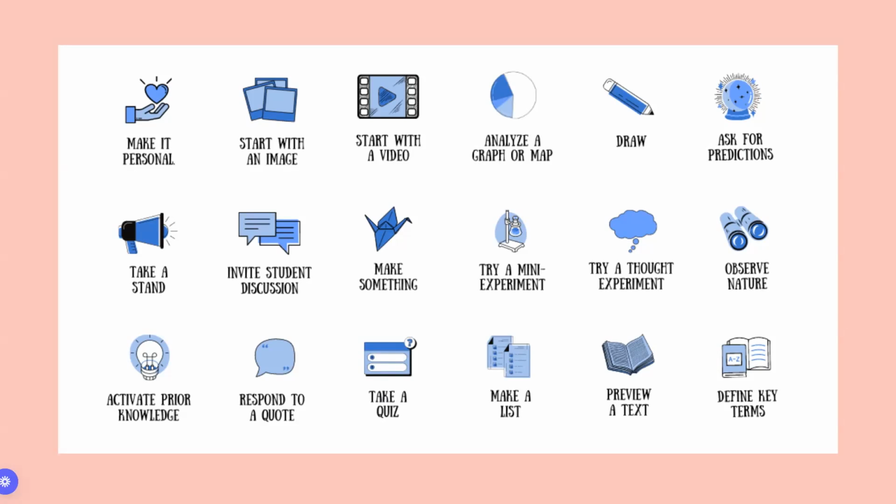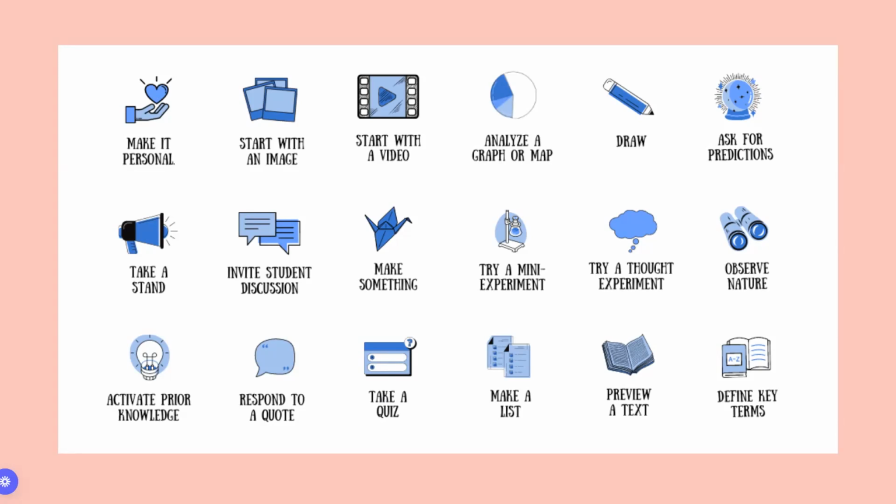Maybe it's a clip from a popular movie that's obviously appropriate for their grade level. As the kids get older, maybe a graph or a map. Maybe it's a graph of a survey that you took that compiled all of their responses. That's engaging. They want to know, as long as they have something to do with it. A drawing, maybe it's a student's drawing. But again, all of these things, you want to relate to your lesson, of course.